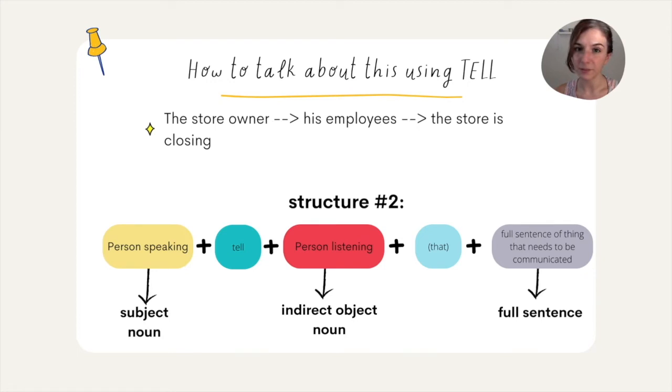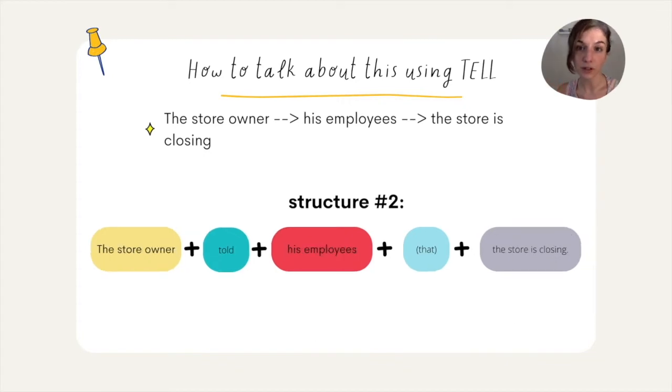Let's play with this. So instead of his customers, let's say he wants to tell his employees. How would this sentence change in this case? Good. So in this case, it would be the store owner told his employees that the store is closing.